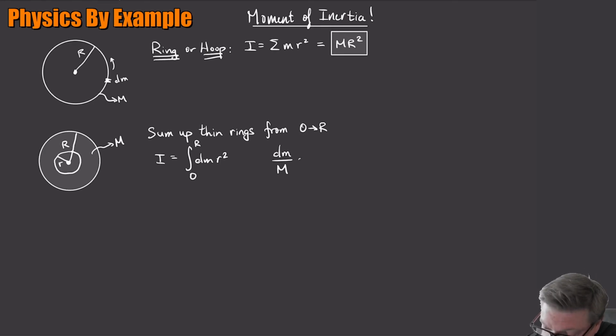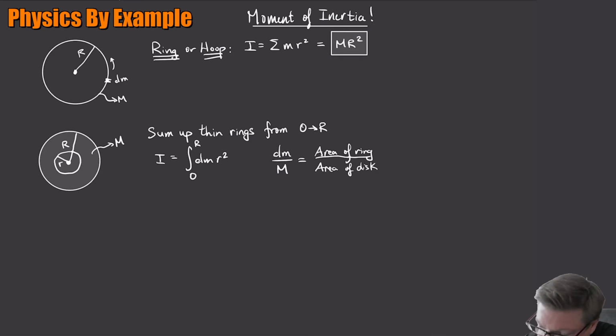We're talking about rings, right? What's a little mass? It's the ring. So a little bit of mass compared to the whole mass is like the area of a ring compared with the area of the whole disk. That's going to be the strategy.